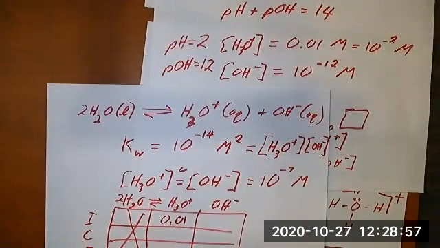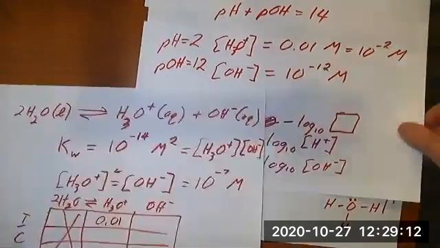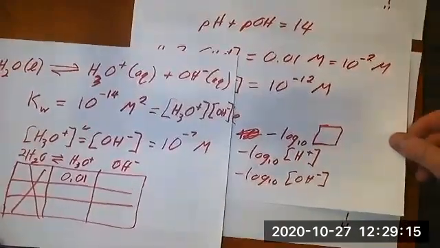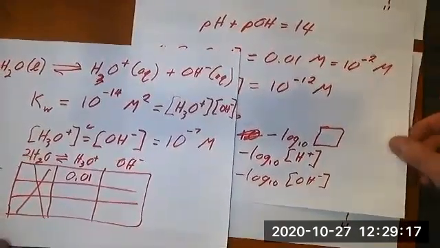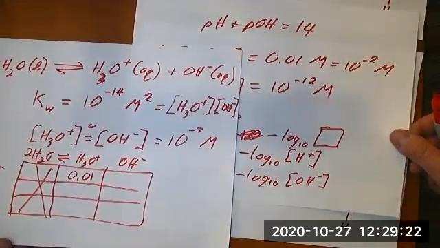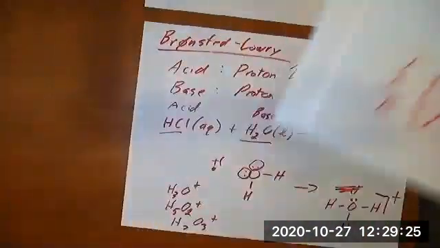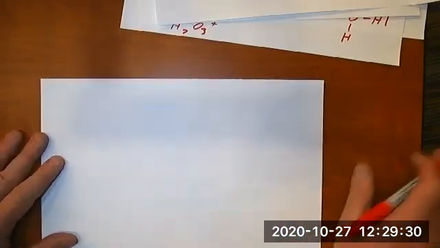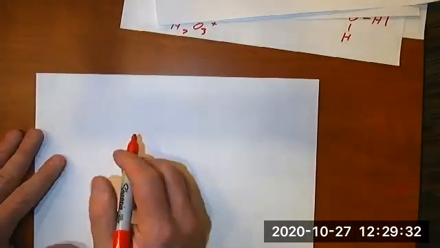If we have a pH higher than 7, we have more hydroxide than we do hydronium, and so the solution is basic. Okay, any questions on the pH scale and on the autodissociation of water? No? Okay. All right, let's talk about these reactions in terms of an equilibrium.